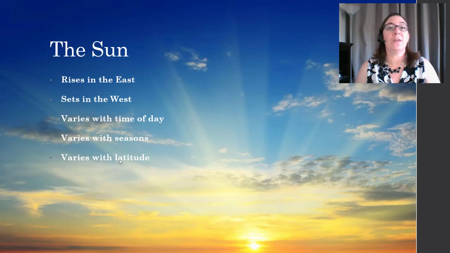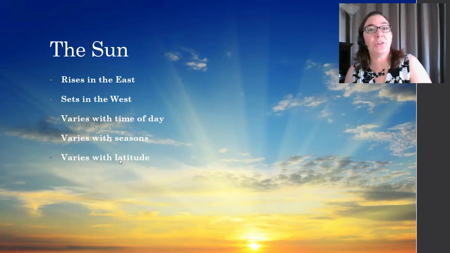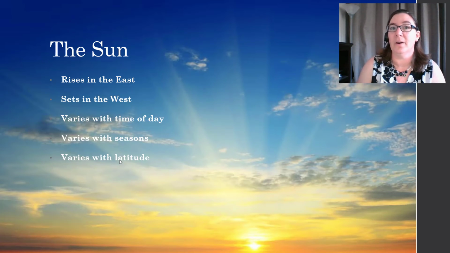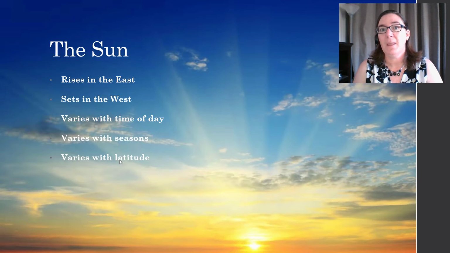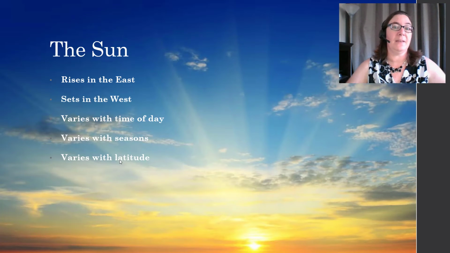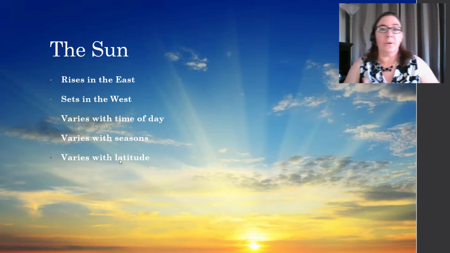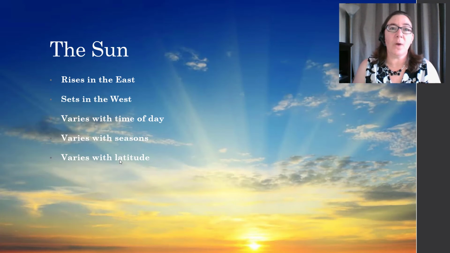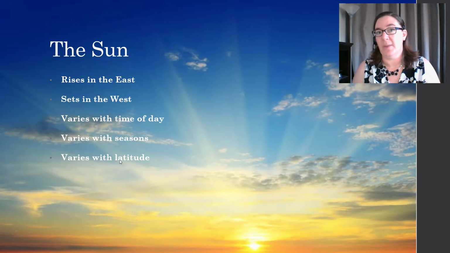And those are all variations in both the location of the sun, where it is with respect to you and your building or your object. It also varies in qualitative terms. Is it brighter or darker? Is it warmer or cooler? All right, but today we're talking about quantitative. Where is the sun's location?